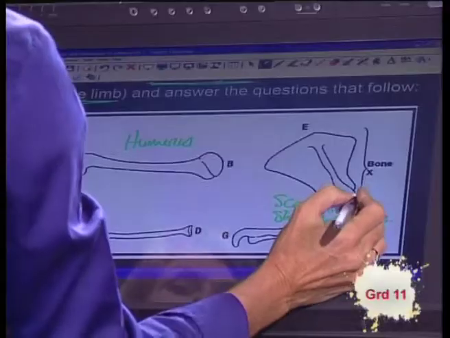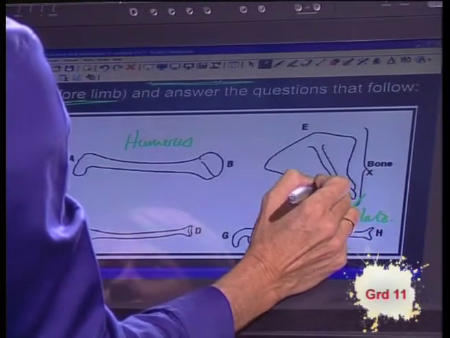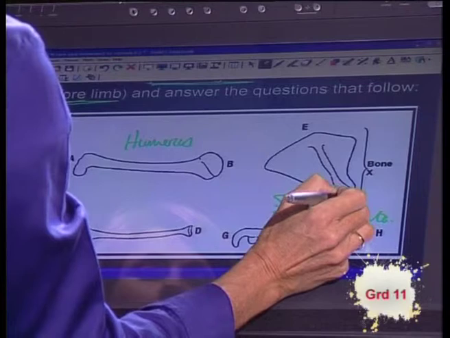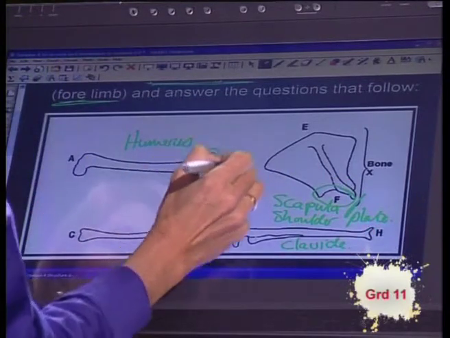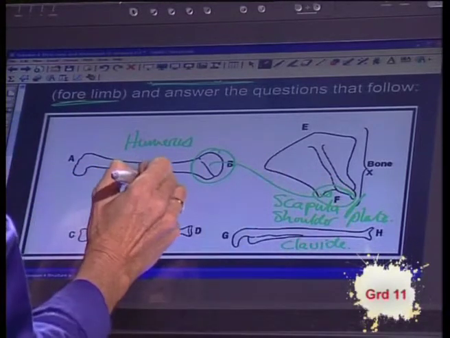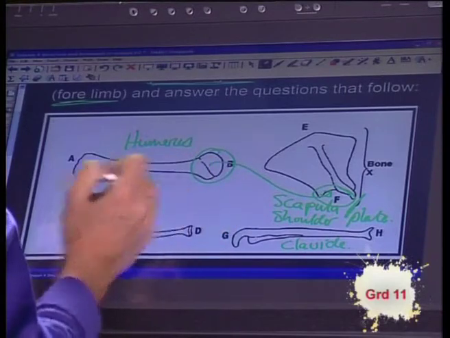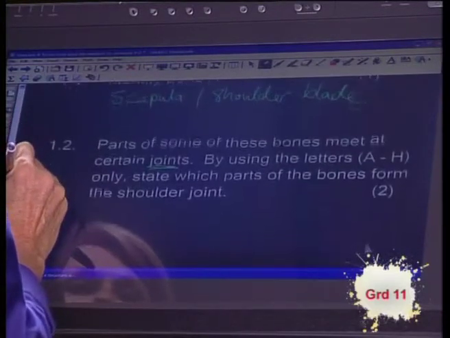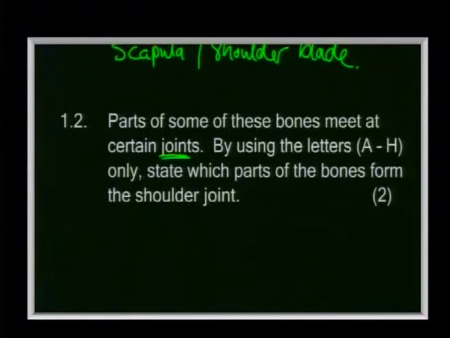So it's going to be part F, and part B is going to fit into part F. Where F makes that structure, B is going to slot into there. So when we answer this question, which parts? It will be B and F, or F and B.